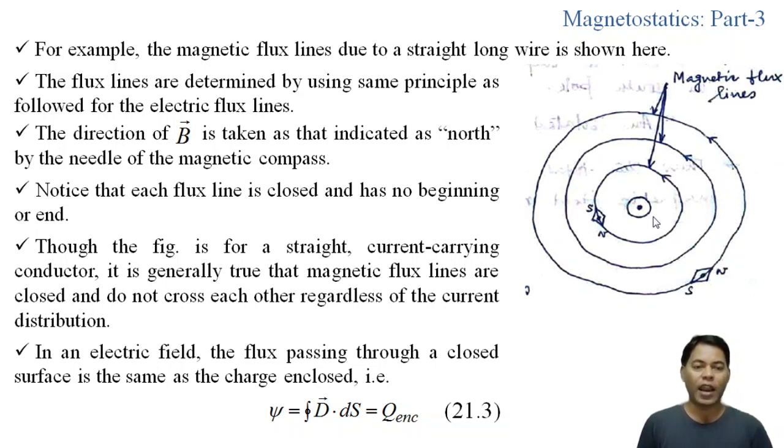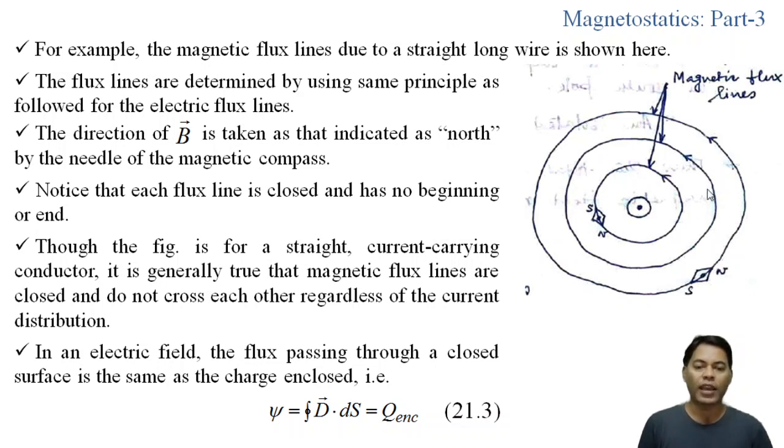So if a current carrying straight conductor is placed at the center of this circle, and we consider the current coming out of the page, then if we place the needle of a magnetic compass, the north pole of the compass will give us the direction of the magnetic flux lines. Here you can see that the anti-clockwise direction represents the magnetic flux lines.